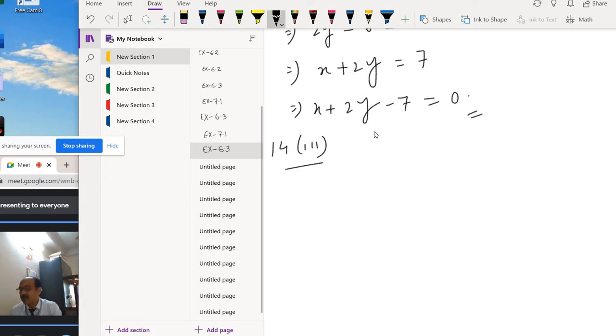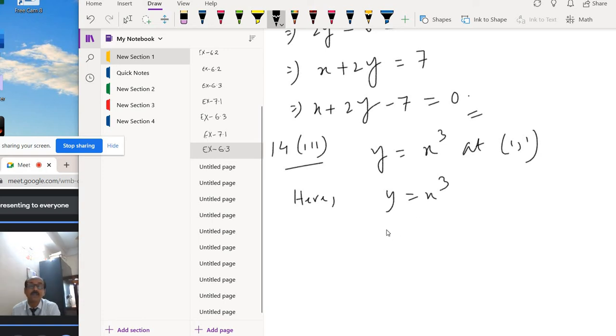It is y equal to x cube at (1, 1). So here y equal to x cube is the equation of the curve.